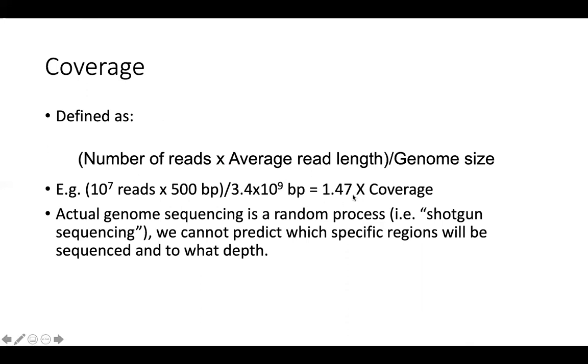So to pick up this example, if we have only roughly 50% more bases sequenced than the genome is long, we are bound to end up with spots in the genome that just by chance were not sequenced at all. Other spots might have received just one sequence, so not enough to get a confident read. And then there are going to be a few spots where the sequences are just by random chance piling up high.